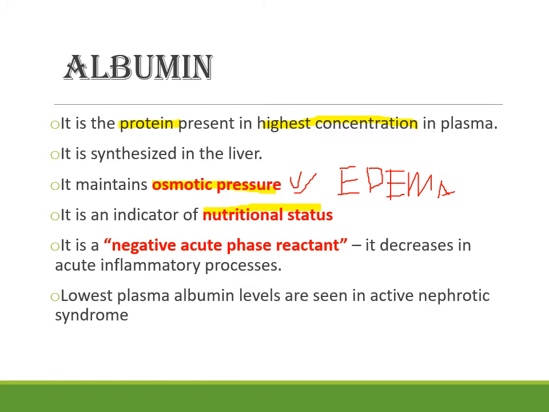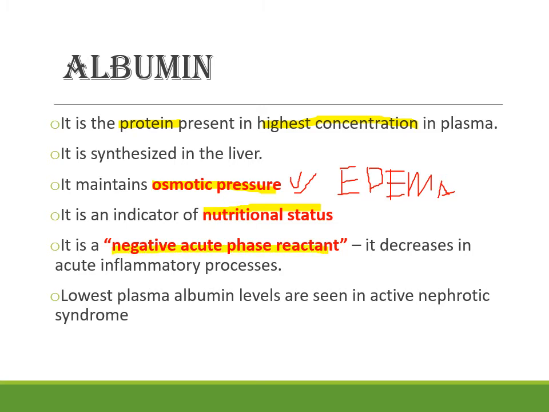So always remember, guys, albumin is the primary marker for nutritional status, and it is also the protein that is responsible for maintaining osmotic pressure. Aside from that, your albumin is also considered a negative acute phase reactant.